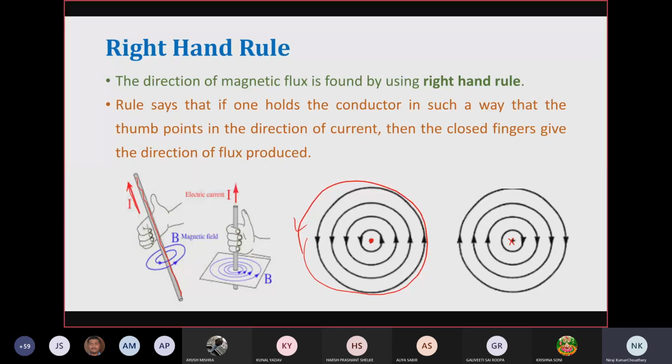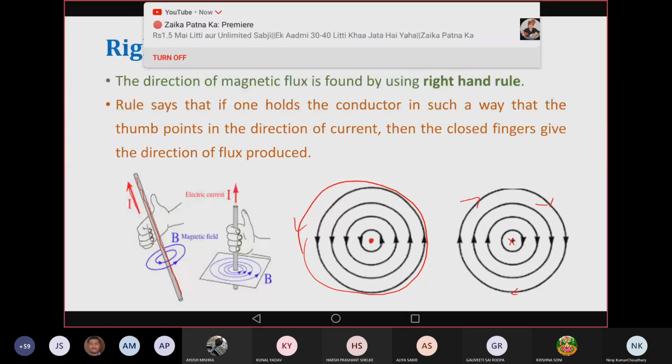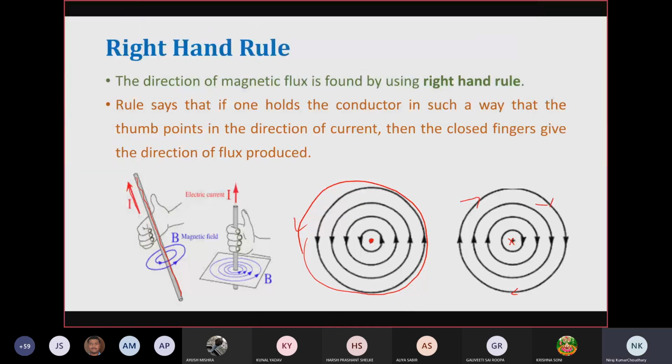Again, cross means current going inside the page, so put the thumb towards inside the page, and you will see that clockwise will be the direction of flux in this case for the currents going inside the paper. Does anyone have any confusion in this? Tell me.